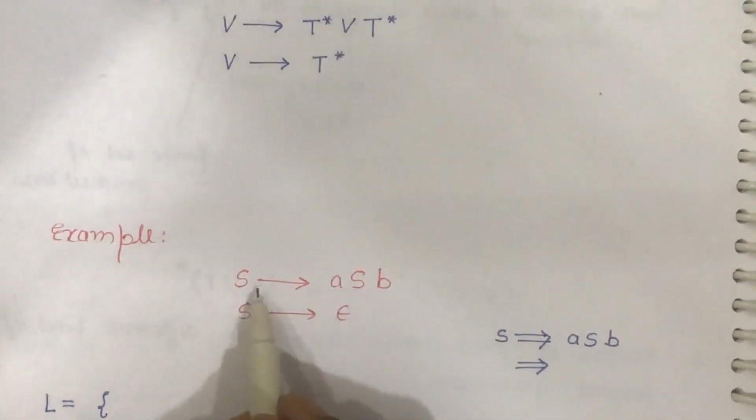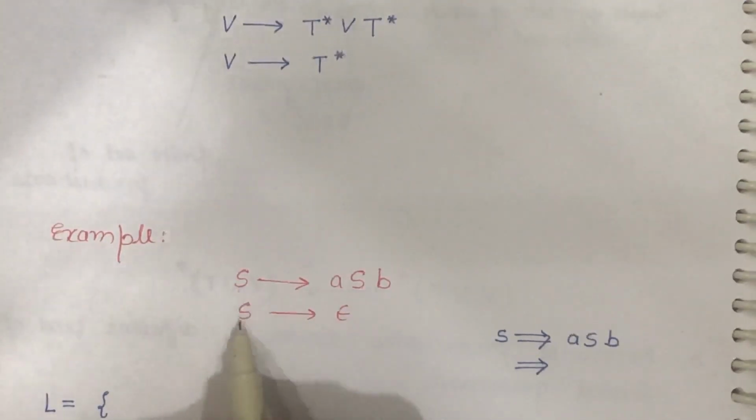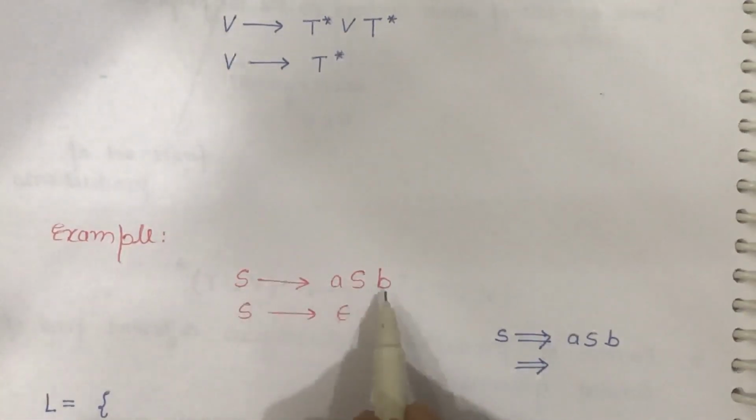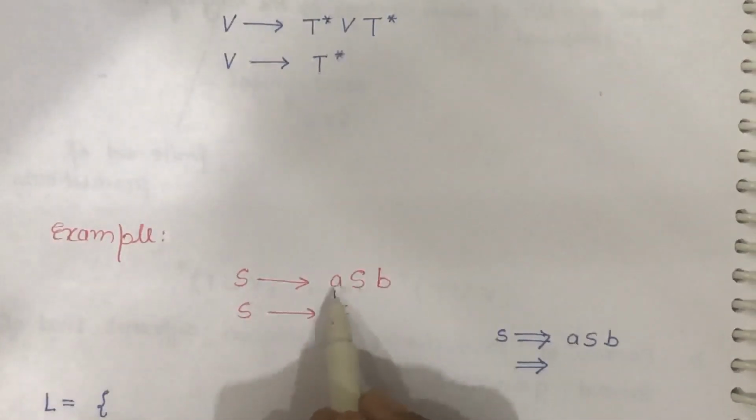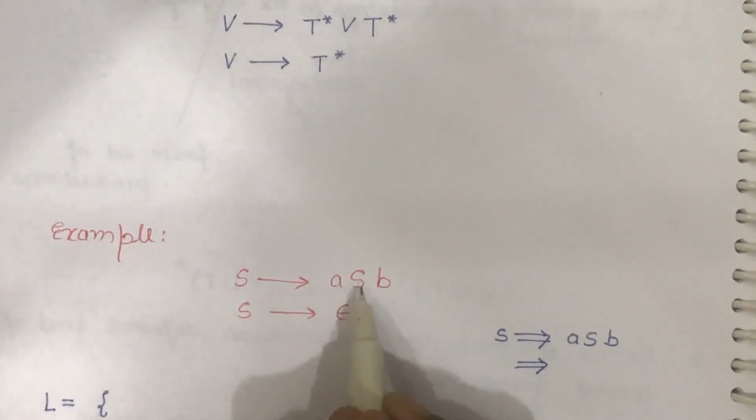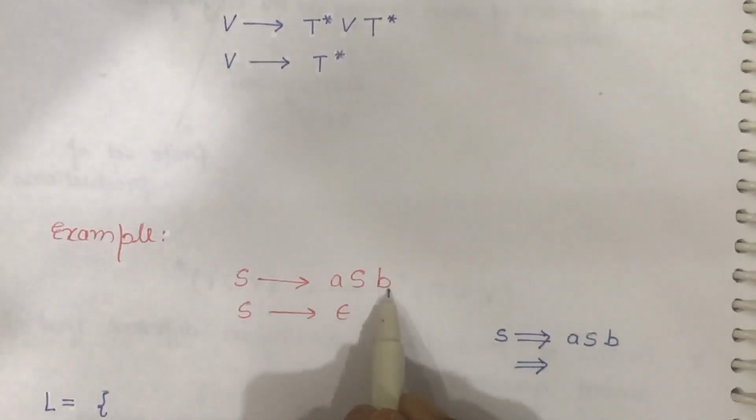In this grammar, on the left hand side there is only one non-terminal. On the right hand side, in this alternate there is one non-terminal and in this alternate there are zero non-terminals. Before the non-terminal we have one terminal and after it there is one terminal.